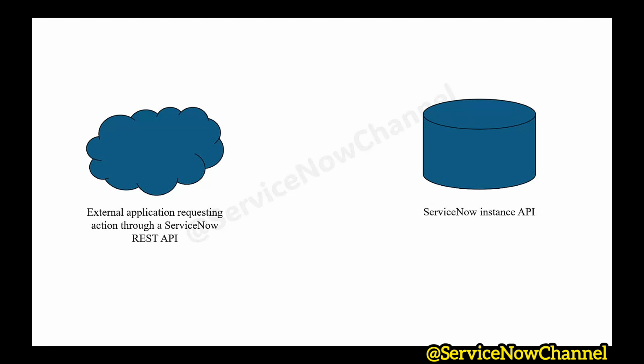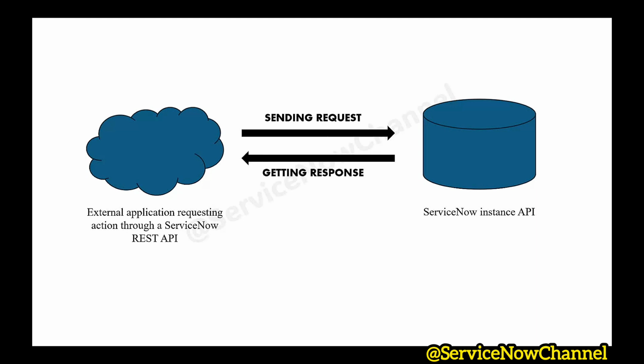We already said ServiceNow is the data receiver in inbound REST integrations. The first step is that the external application sends a request to the ServiceNow instance API. After that, ServiceNow sends the response, so the external application gets a response.